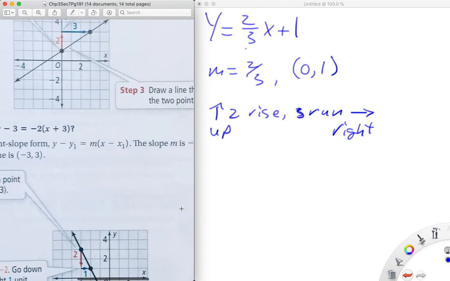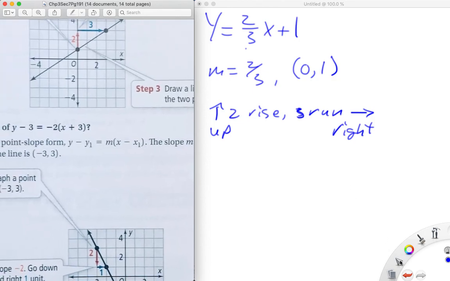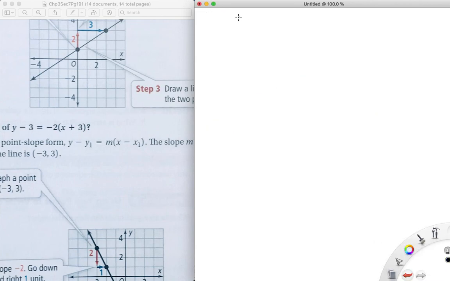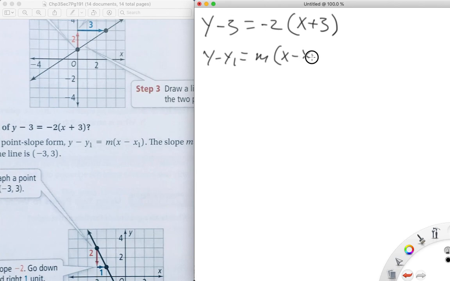In this case, our equation is y minus 3 equals -2 times x plus 3. Remember, the form of this equation is y minus y1 equals m times x minus x1.